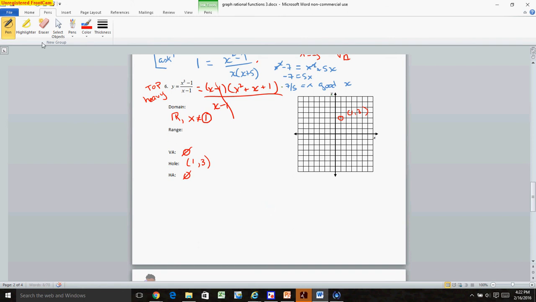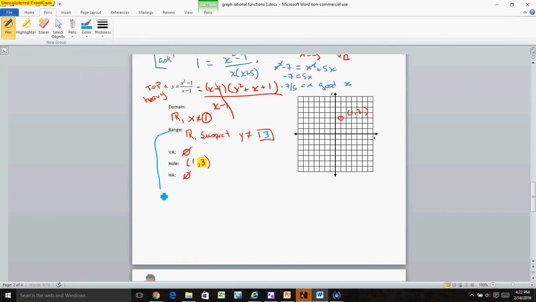So my only suspect for the range is 3. So I have to say my range is all real numbers, but I suspect that y will not equal the y coordinate of the hole.